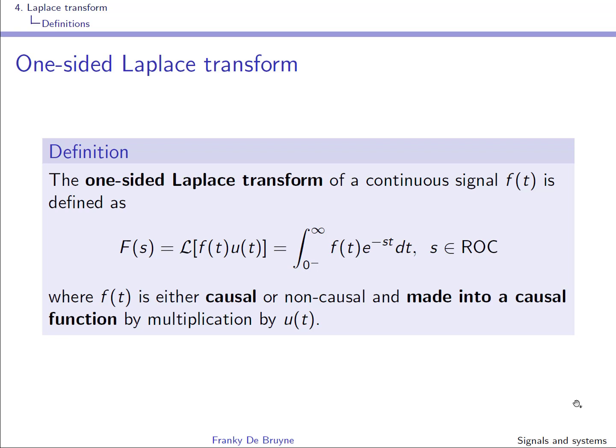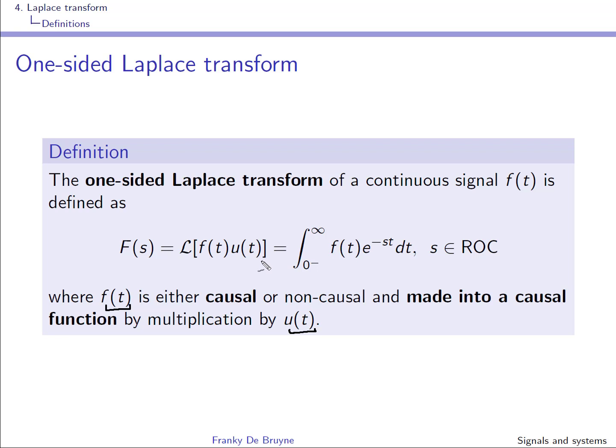So in this course we'll mostly work with one-sided Laplace transforms because we consider either f of t that is causal, or we consider signals that have been made causal by multiplication with the unit step. Remember that if you take a non-causal function f of t and you multiply it by a unit step, the resulting function, this one here, will always be causal.